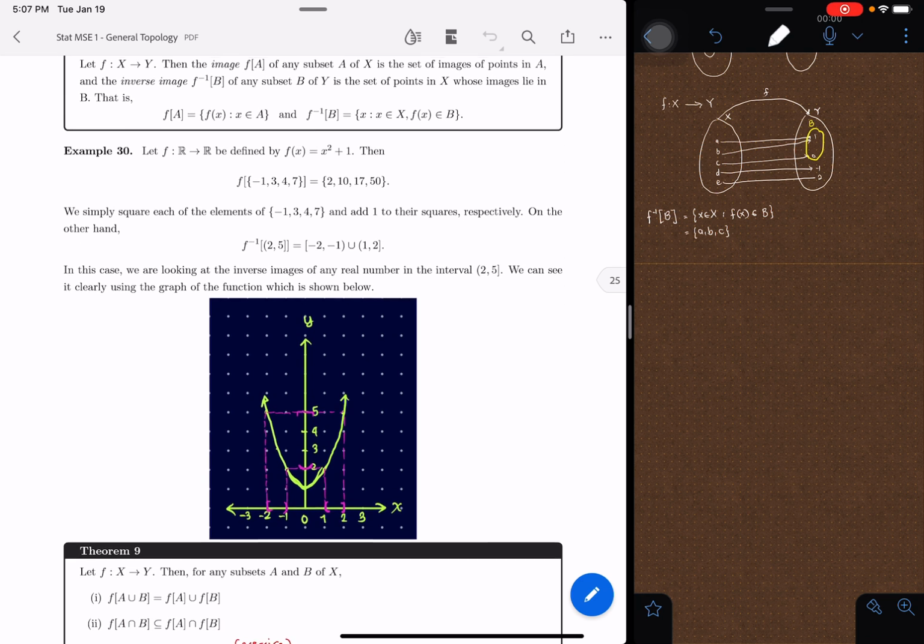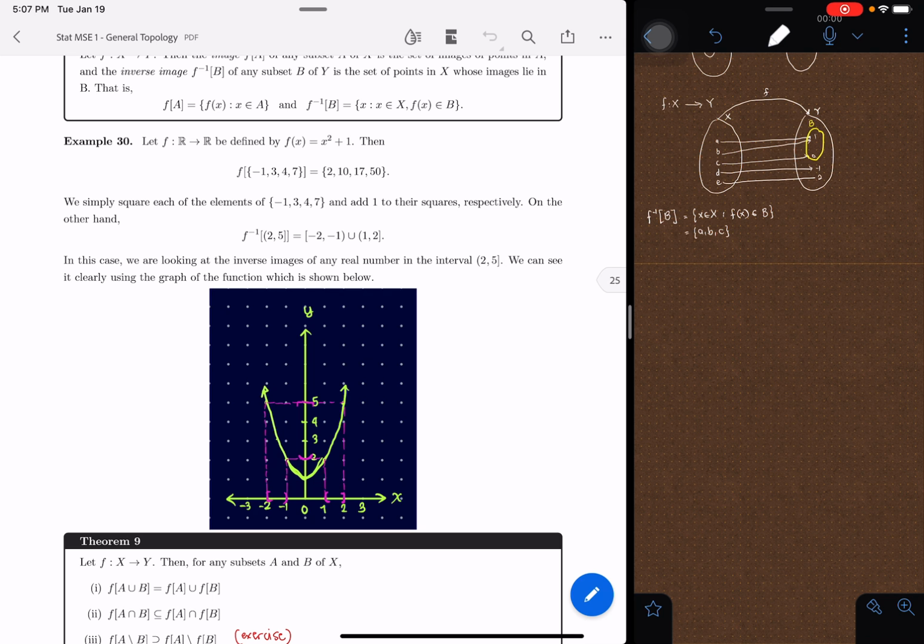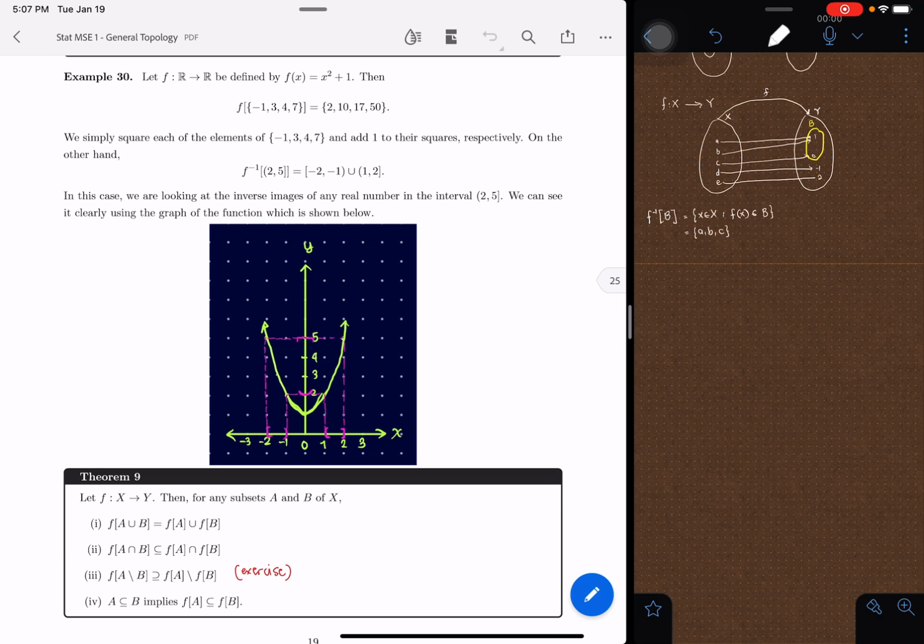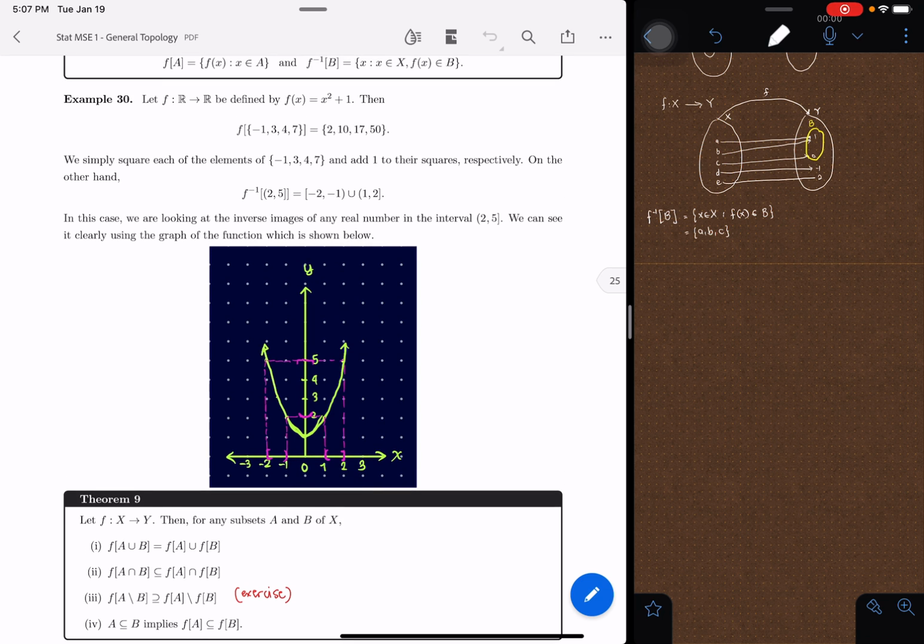On the other hand, if we're going to get the inverse image of the interval from 2 to 5, consider the graph below. The function f of x equals x squared plus 1 is actually a parabola with vertex at (0, 1), and it opens upward.